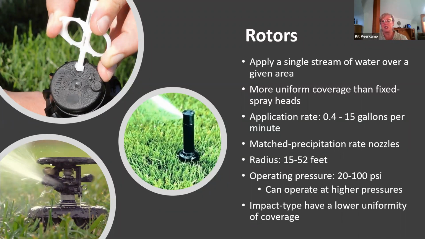You might, for instance, use something like this in a pasture or a very large lawn. And then the impact type in the very lower left-hand corner there, the old Rain Bird impacts. Those are very inefficient type heads to use. So you should move away from those if you're trying to increase your efficiency.